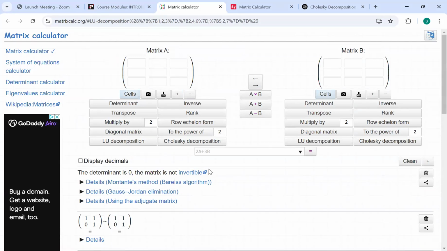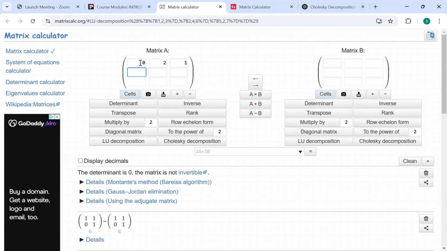Okay. Now in my matrix calculator, notice I have this nice matrix A square matrix, and it's a 3 by 3. So that's exactly what we need. I'm going to put the numbers for the example we just did. 0, tab, 2, tab, 1, tab.